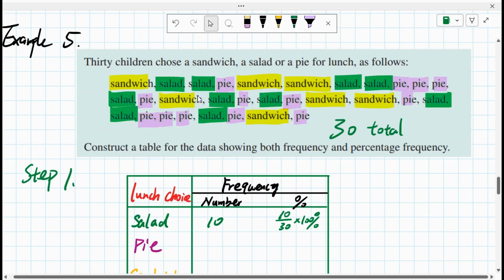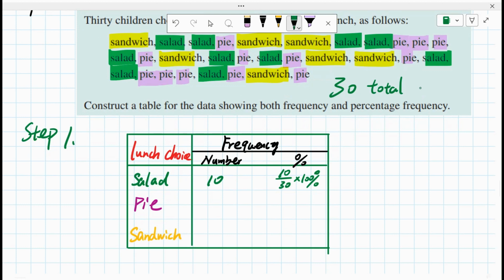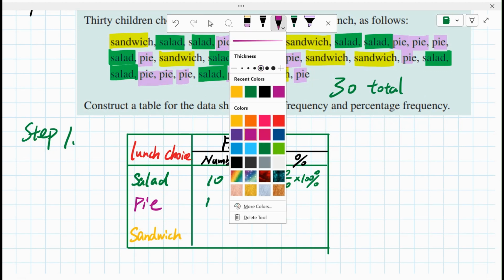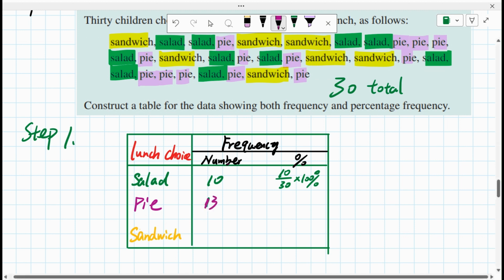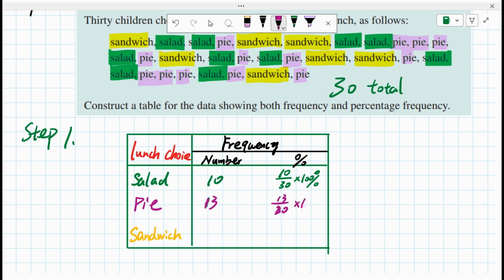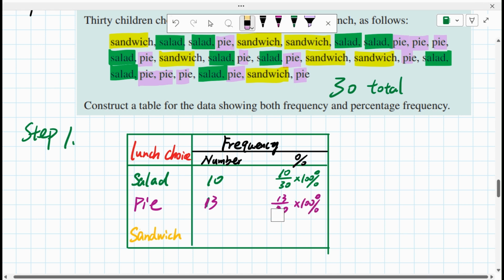And pie, how many pies do we have? 1, 2, 3, 4, 5, 6, 7, 8, 9, 10, 11, I think 13. So 13 for pie, maybe use the purple, which is 13 over 30 multiplied by 100.